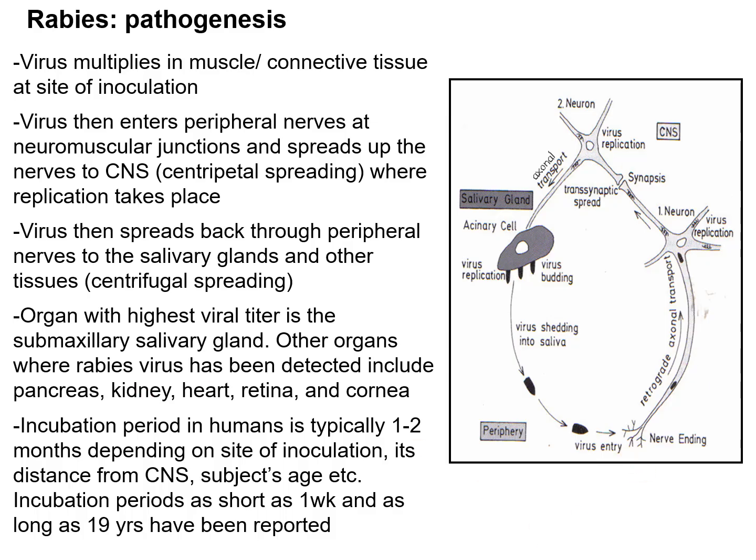So it depends on the site of inoculation, its distance from the central nervous system, the age of the subject, the immune system capabilities, all of the above. The incubation period is a couple of months, but there has been a range of incubation periods, from something really short like 1 week, up to 19 years, that has been reported as well. So it could take a long time before the disease surfaces.